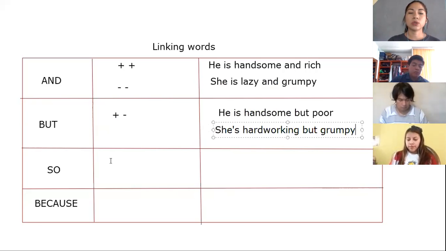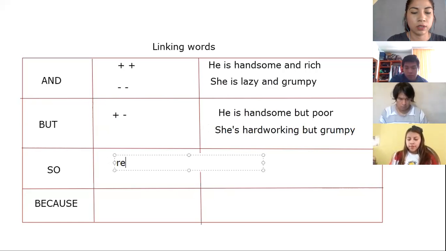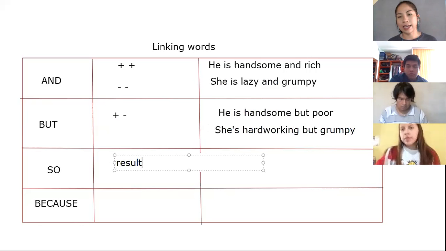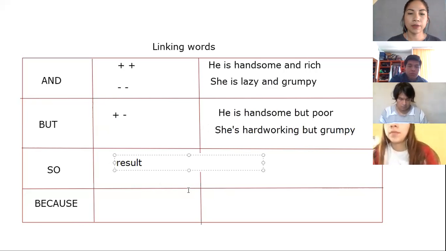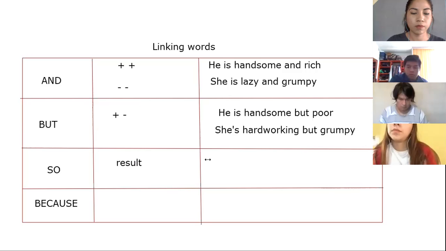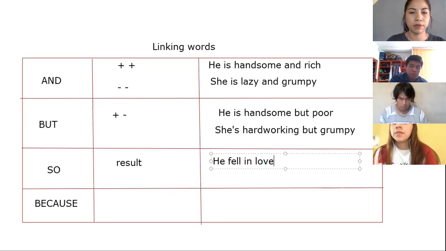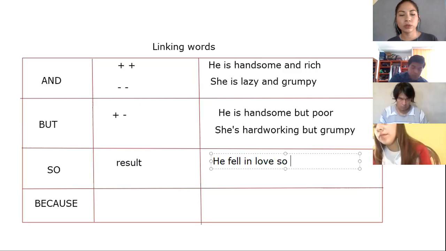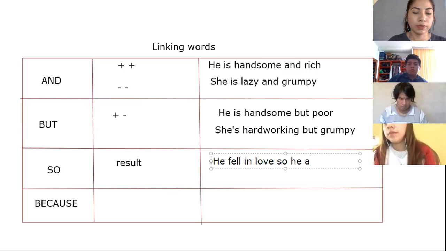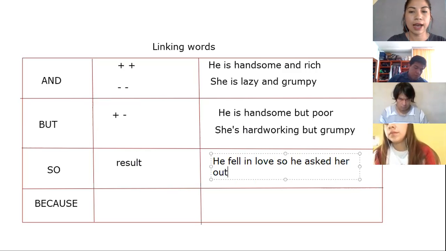We use so to reflect what is the result. Okay? Así que he fell in love, so he asked her out.